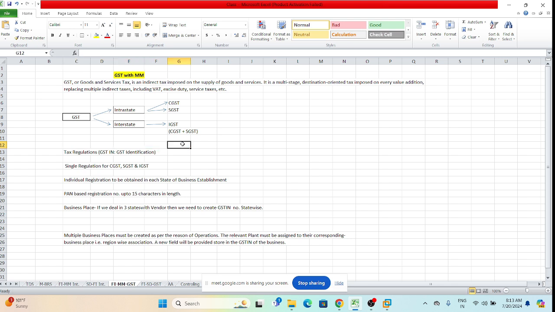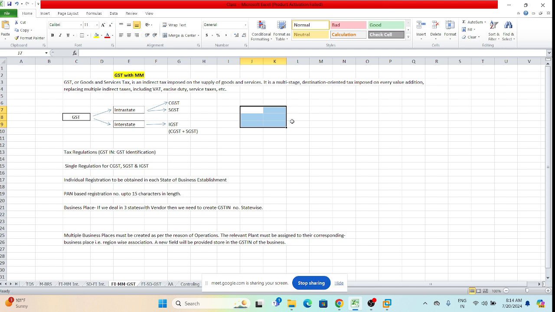But here, as per Indian accounting and tax regulation, there is GST. Let's suppose Dilip business is dealing with vendors and suppliers, and it is also selling to customers, in the cement industry.